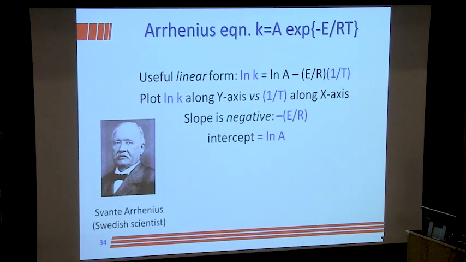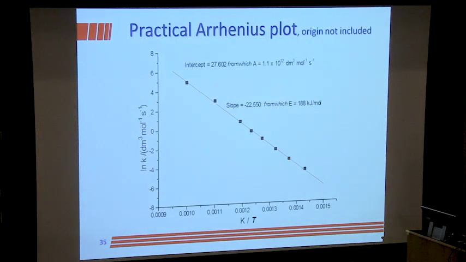And we can then get the rate constant as a function of temperature, and interpolate it accurately over the range of whatever temperatures we can measure. So here's such a graph. We have the log of the rate constant on the y-axis versus inverse temperature on the x-axis in Kelvin.